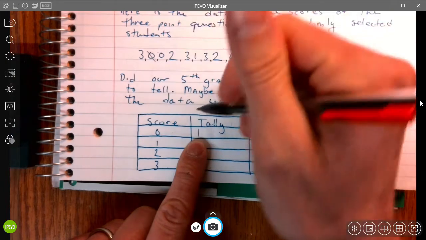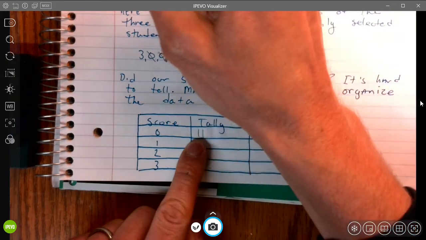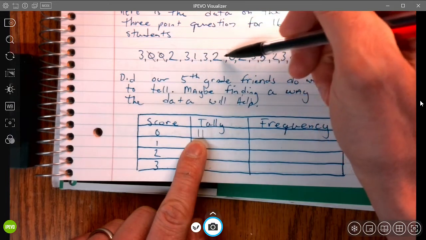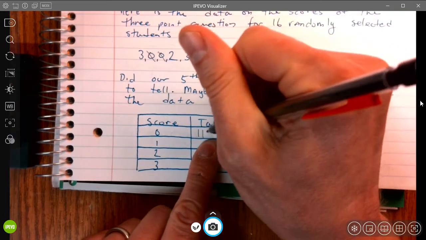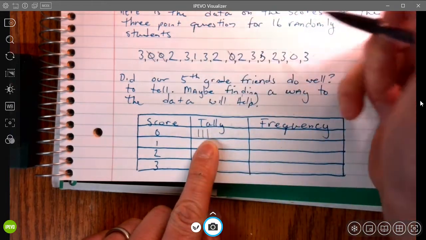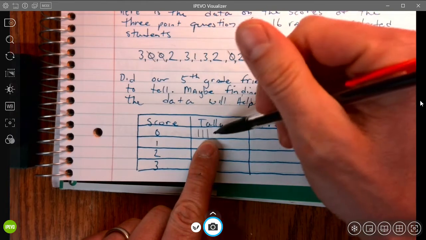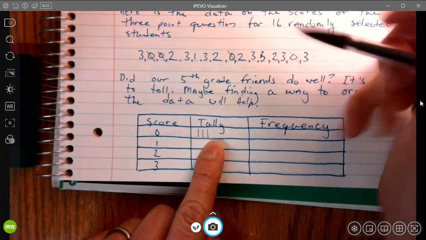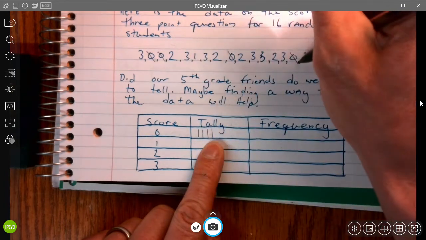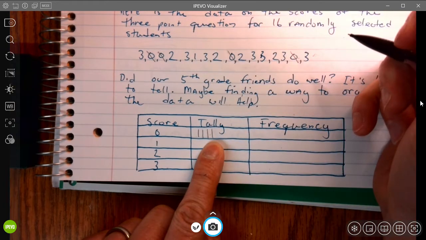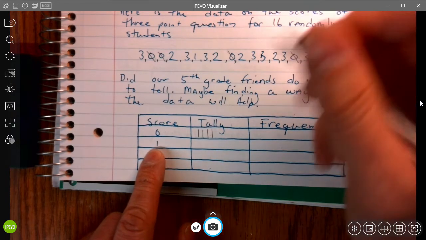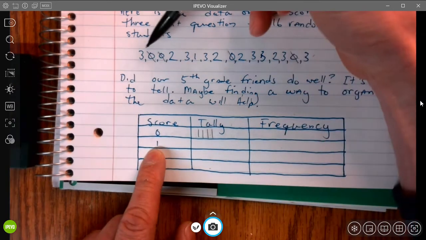There's another 0, so I'll put another hash mark and cross it out. Not a 0, not a 0, not a 0, 0. There's our third 0, and I'll cross that out and put another hash mark here. And it looks like we got one more 0 right there, so I'll add the 4th hash mark.